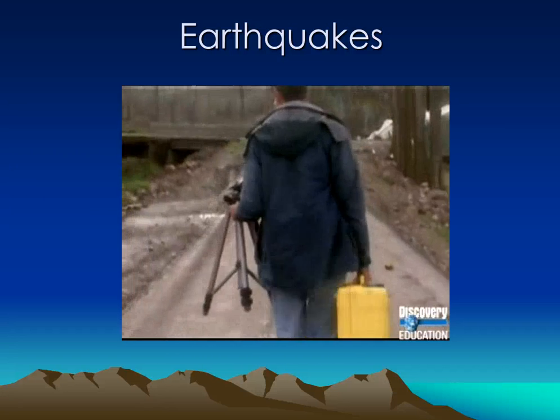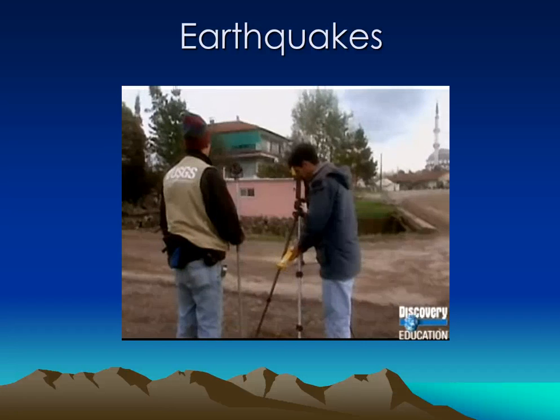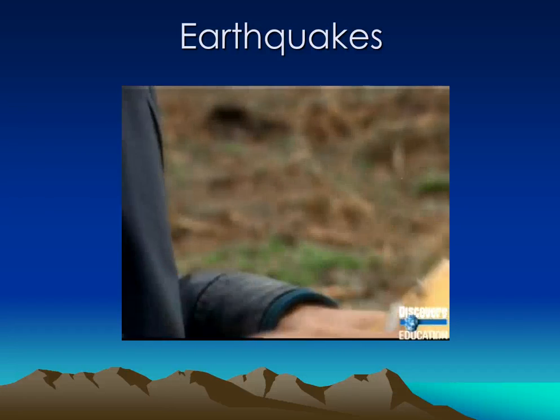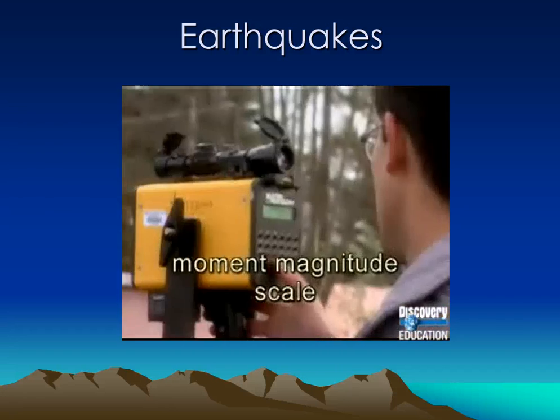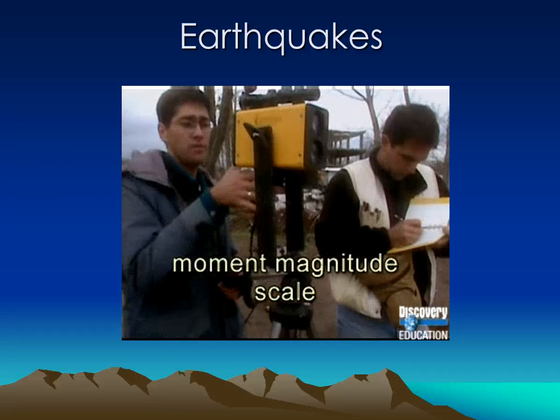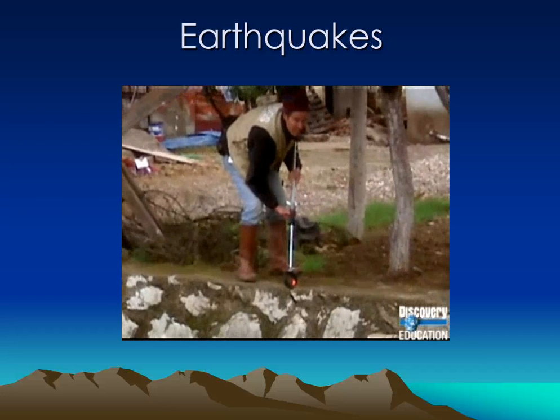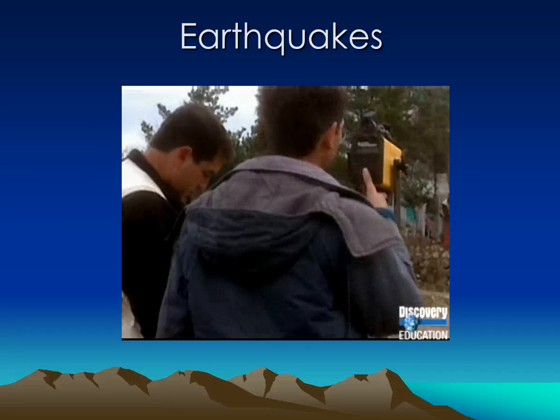Scientists can measure an earthquake's magnitude, which is the amount of energy released, using 2 different scales. Most commonly used is the moment magnitude scale, which measures how much energy was released by an earthquake. For each whole number you go up, the amount of energy increases about 32-fold.